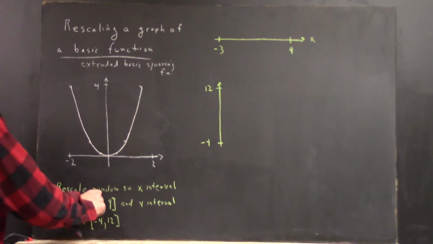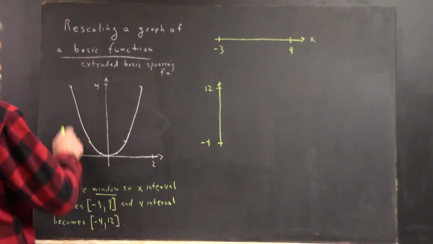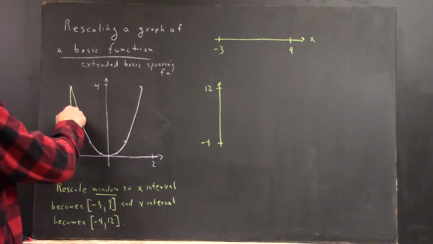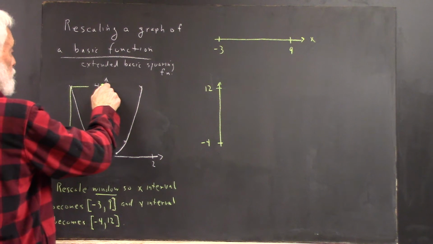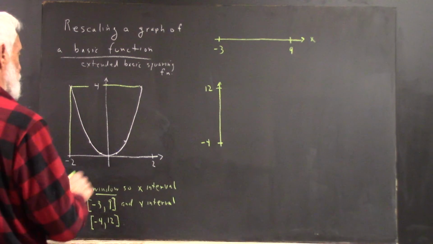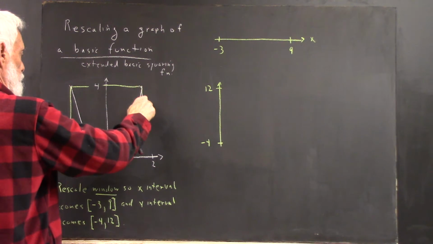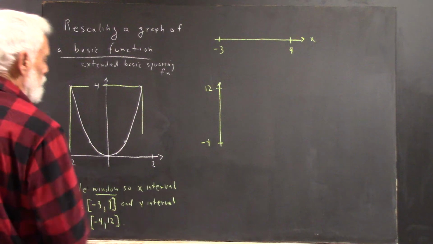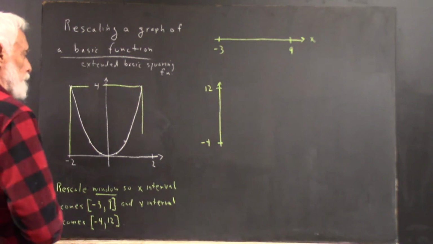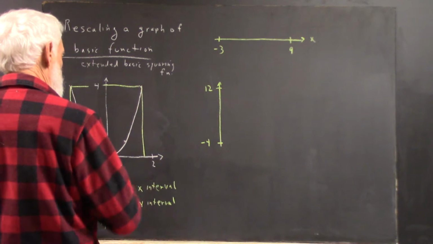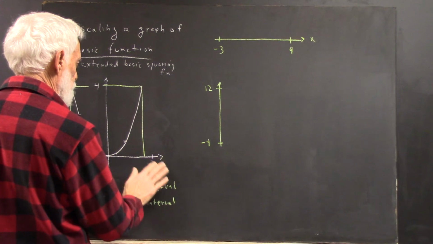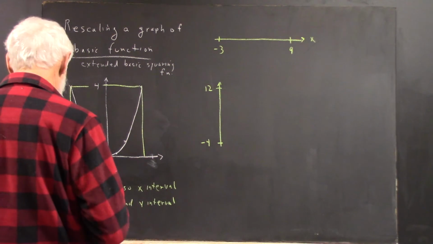Well, the window of the graph is a rectangle. Boy, I kind of missed that point, didn't I? Okay, well, it looks like I should have put 2 over here.